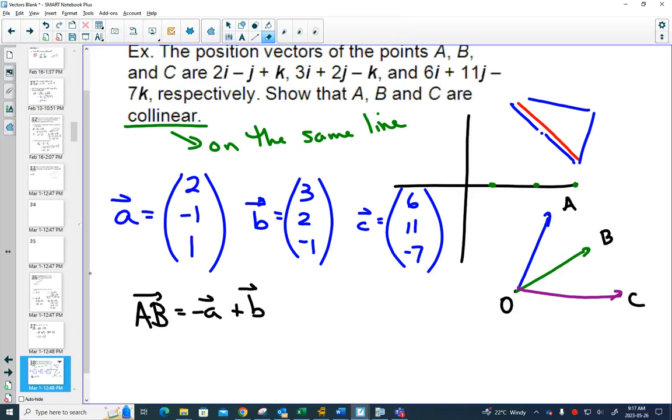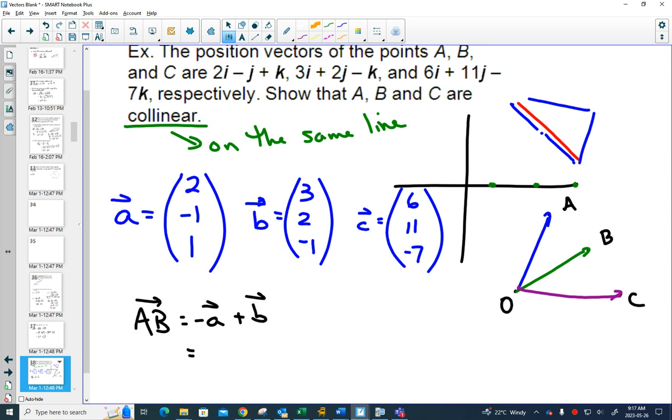Ooh, I should do that. No, it doesn't. Thought I was going to color code it nice. I've decided not to. If you do B minus A, you get 1, 3, -2.